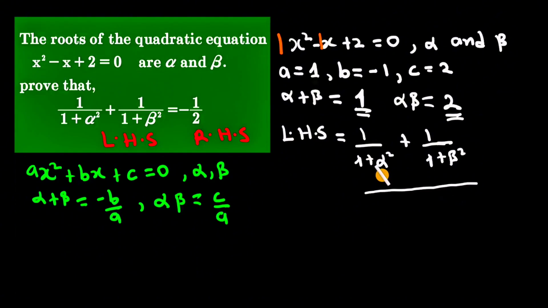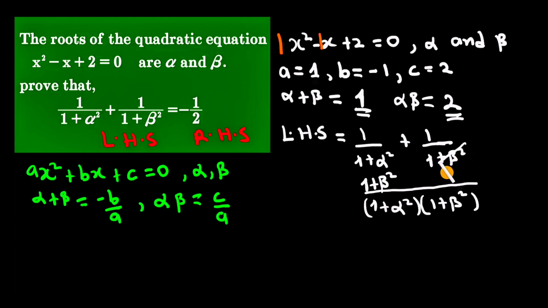The LCM is the product of the denominator of this fraction and the denominator of this other fraction: 1 plus alpha squared times 1 plus beta squared. 1 plus alpha squared will divide this by 1 plus beta squared. That's 1 plus alpha squared. We cancel this and I'll be left with 1 plus beta squared. 1 plus beta squared times 1 is the same as 1 plus beta squared.